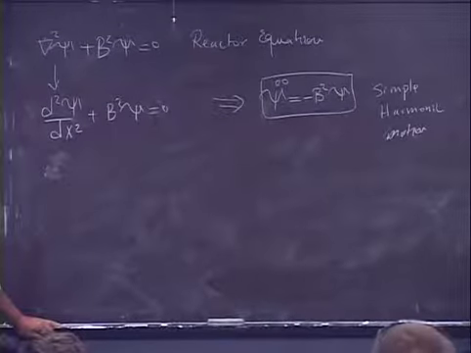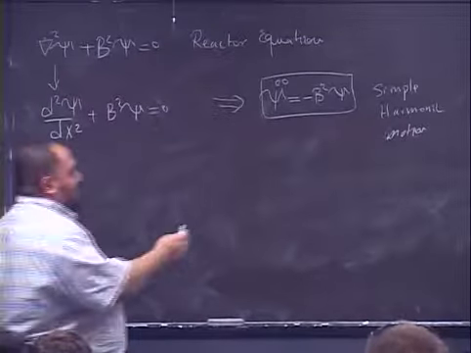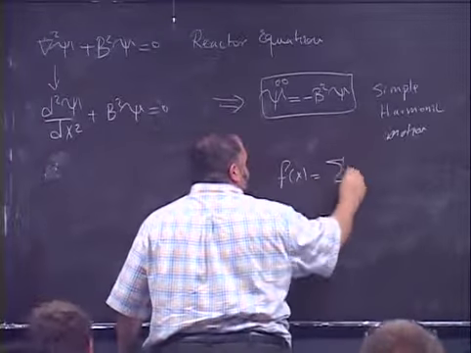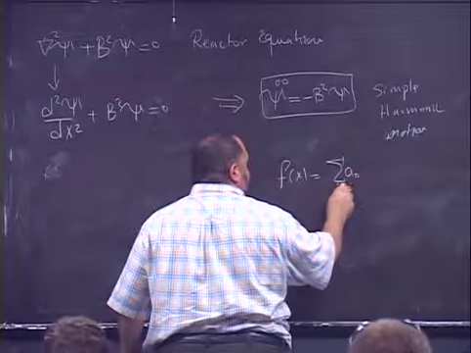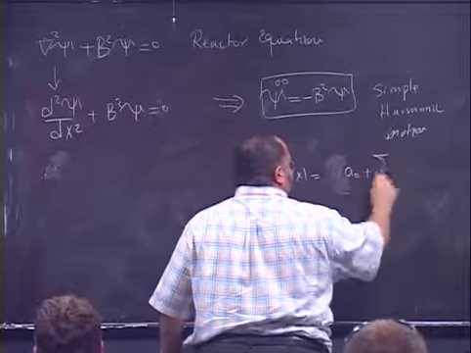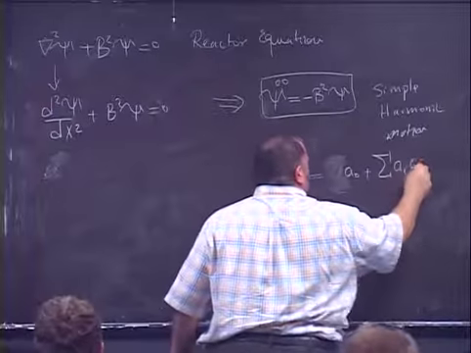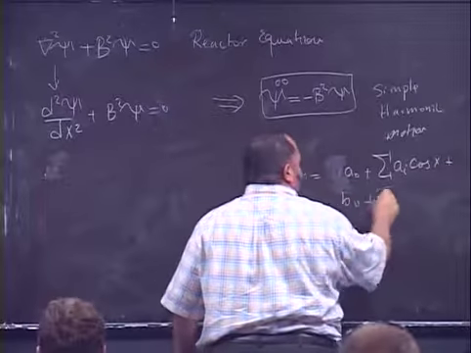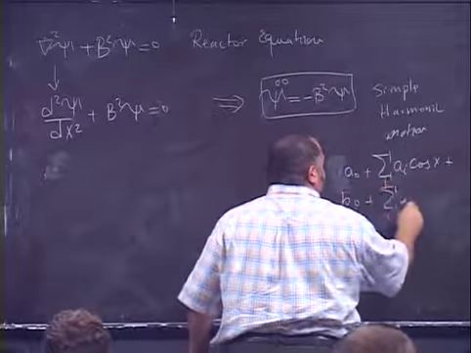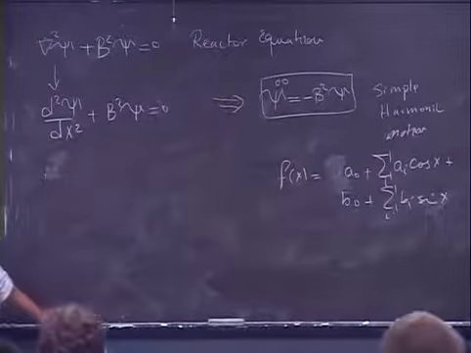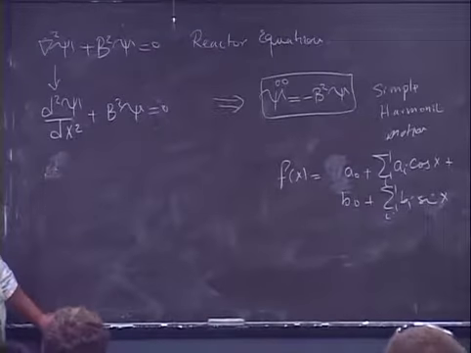When you write a function f of x as a Fourier series, you write it as a naught plus summation of ai cosine x plus b naught plus summation of bi sine x, where i goes from 1 to infinity, and you will have the Fourier decomposition for any function.